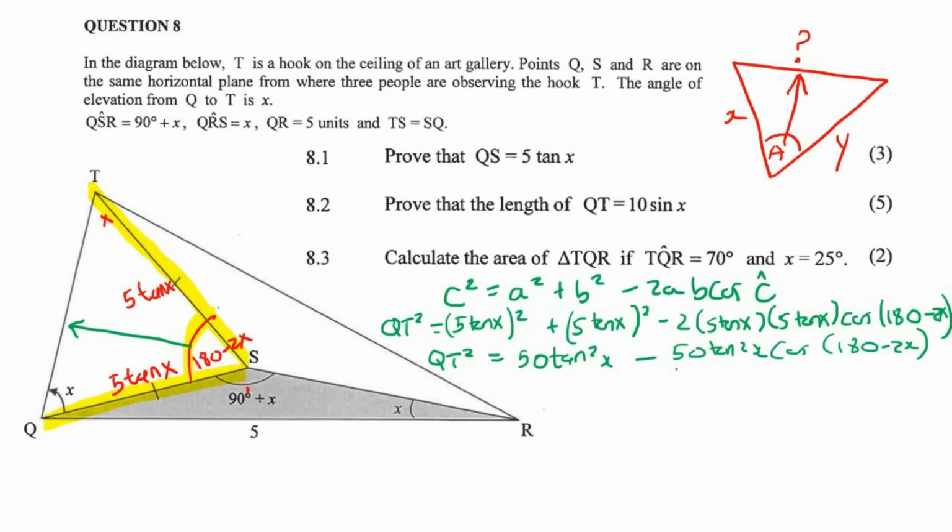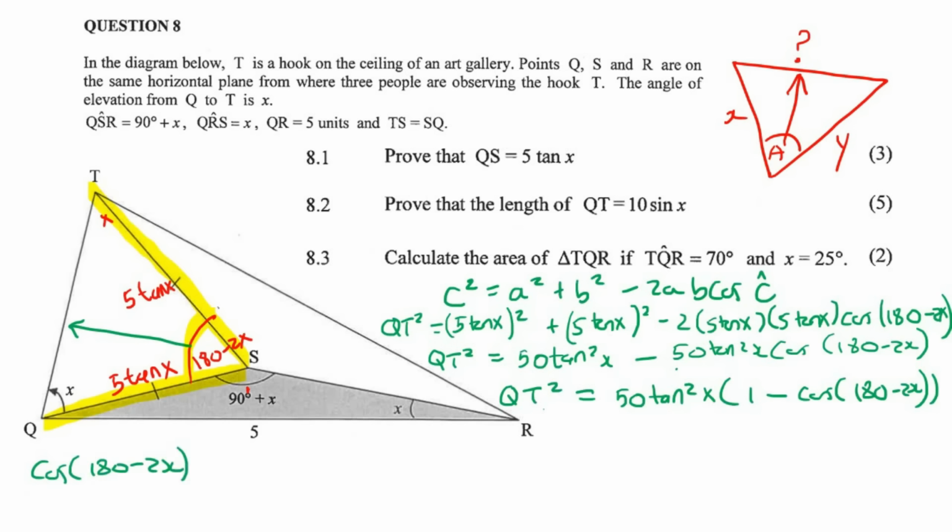What you must do is take out a common factor. So you take out a common factor of 50 tan squared x, and then you're left with 1 minus cos of 180 minus 2x. Now let's quickly have a look at cos of 180 minus 2x. We know from a CAST diagram that that is just going to become negative cos 2x, because in the quadrant of 180 minus, cos is negative.